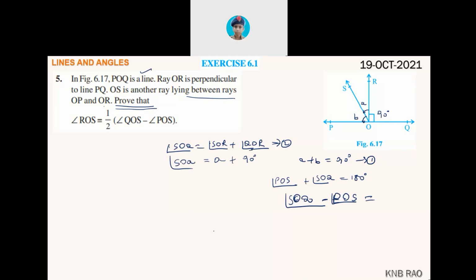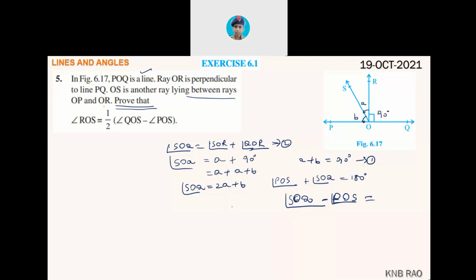Sir, 90 degrees is equal to A plus B. Then it will become A plus B, sir. And angle POS is equal to B. Then angle SOQ minus angle POS is equal to 2A, sir.